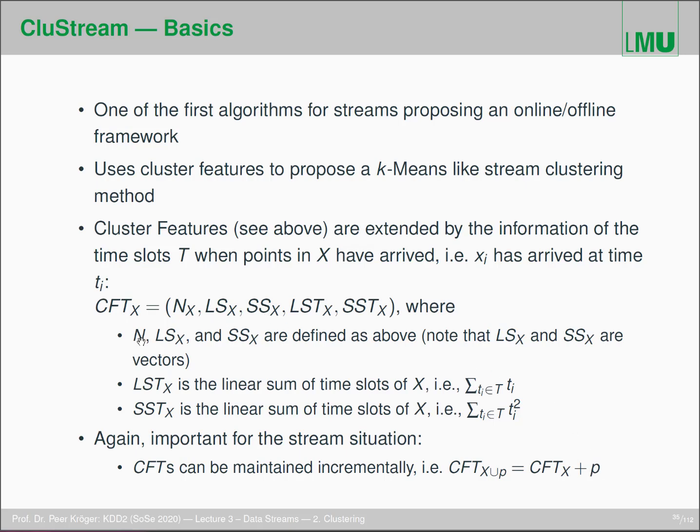So n is just increased by 1, LS_X is LS_X plus p, SS_X is SS_X plus p squared, and the time slot of p is just added to LST_X, and the time point where p arrived, squared, is just added to SST_X, and that's it. So the maintenance is extremely efficient.